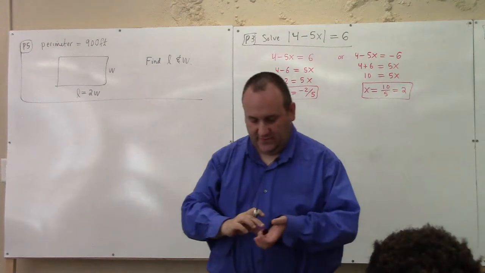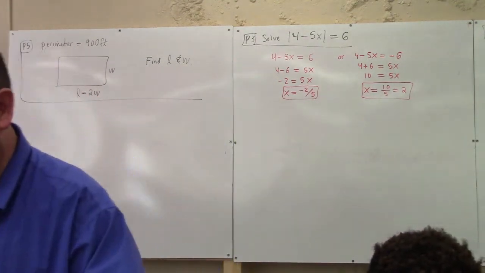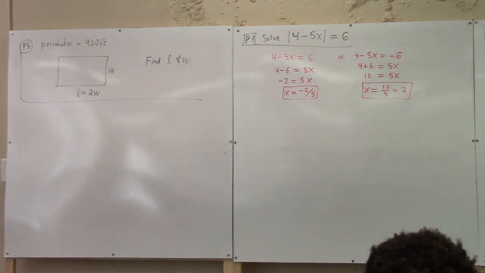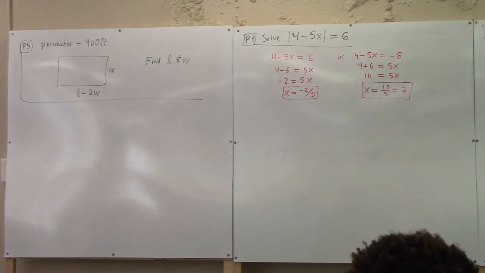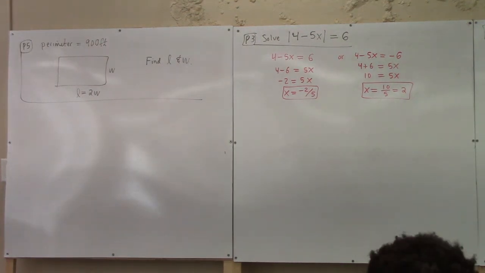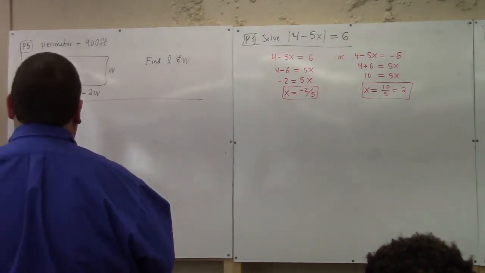So you guys tell me, what should I do here? I need to write down an equation, right? We could have asked about area, but I didn't. If we did want to find area, we would do length times width. What's the perimeter, though? 900, right?